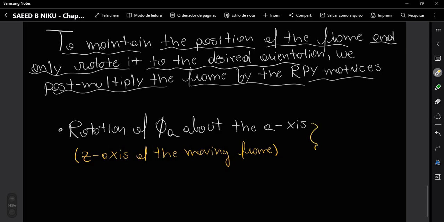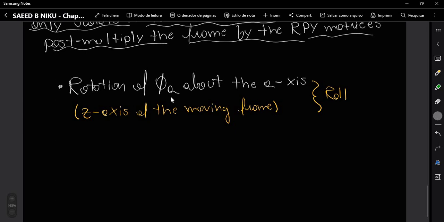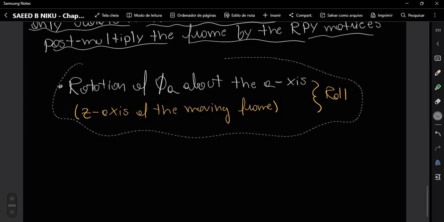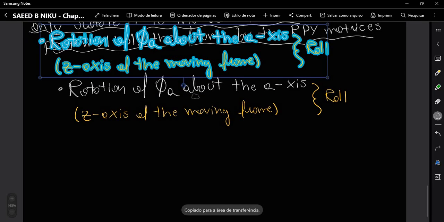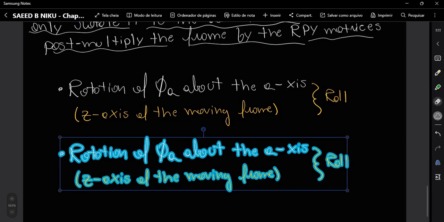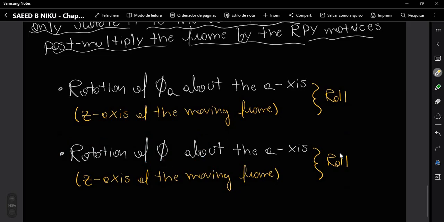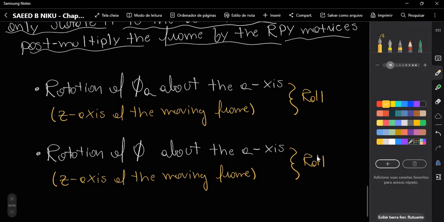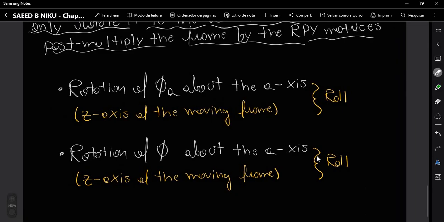And this is the roll. And we got another rotation with the angle phi, but now it is on the O axis, on the moving frame Y.